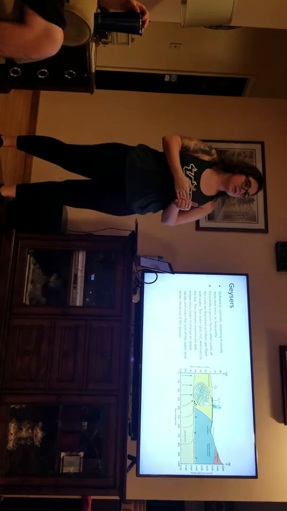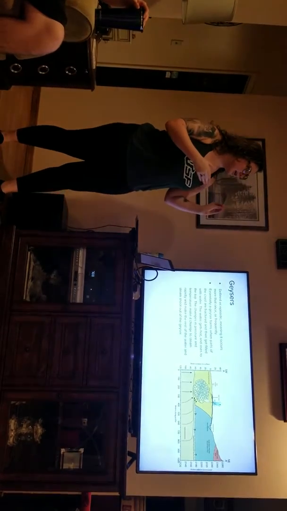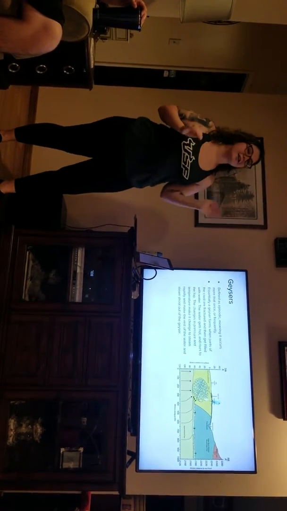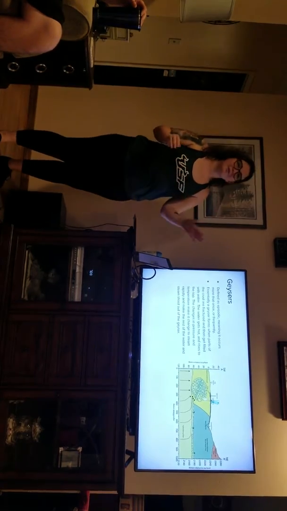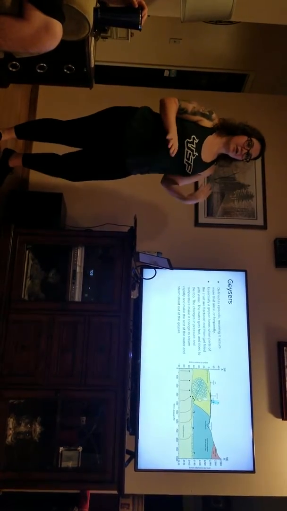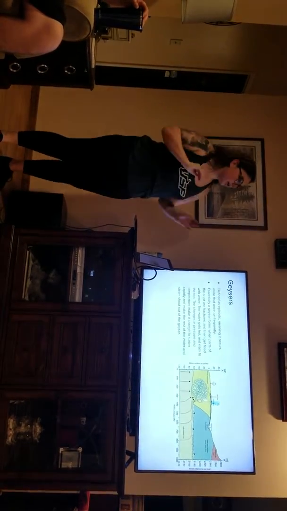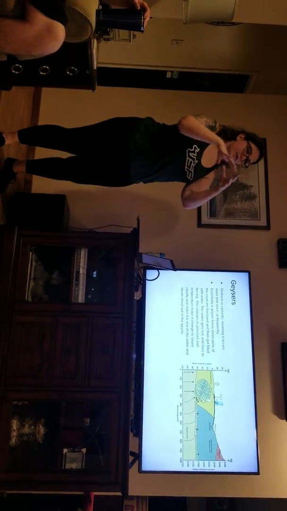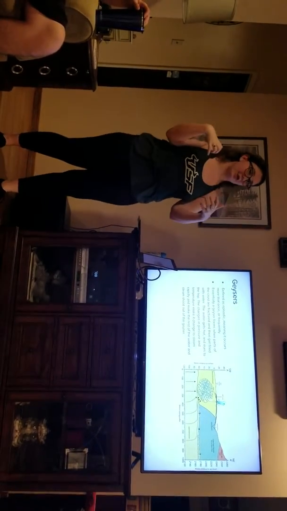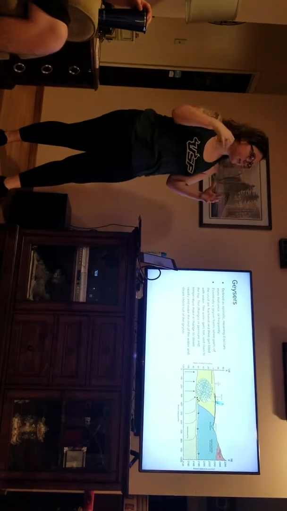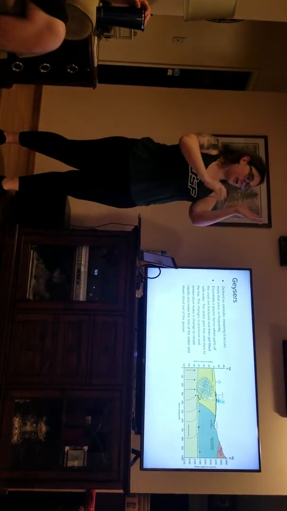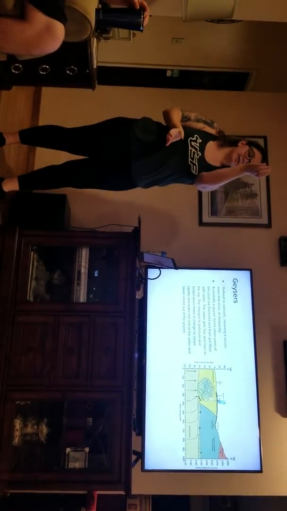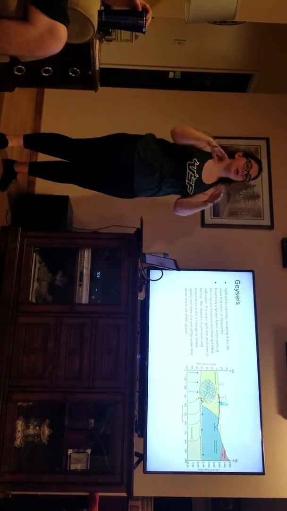So a little bit about how a geyser works. A geyser is defined as episodic, which means that it occurs frequently and more than once. A geyser forms when the earth is fractured, meaning it's cracked. The earth is cracked, and water fills it up, and it gets hotter and hotter as it goes down and pressure increases.